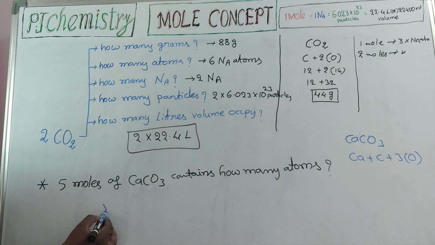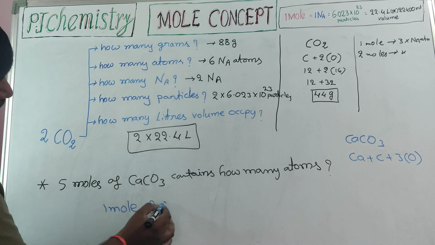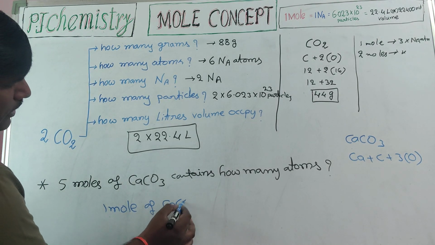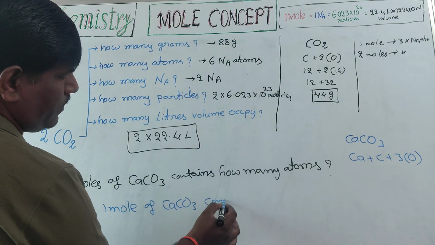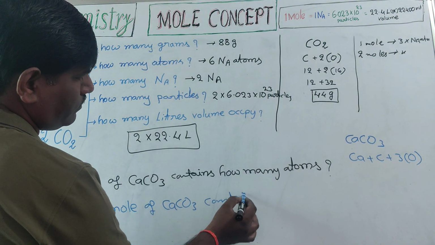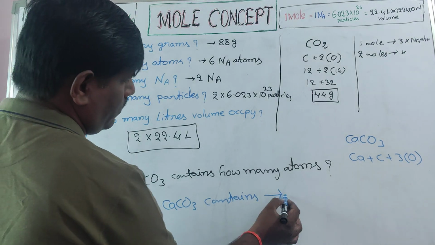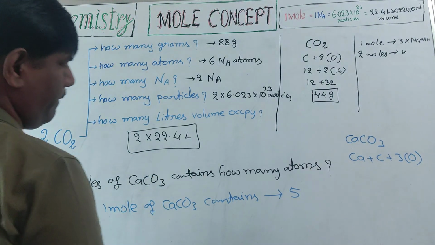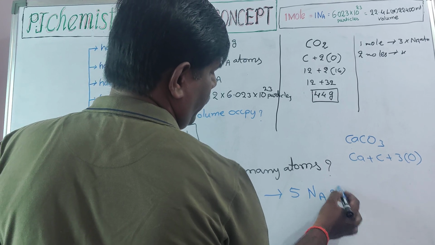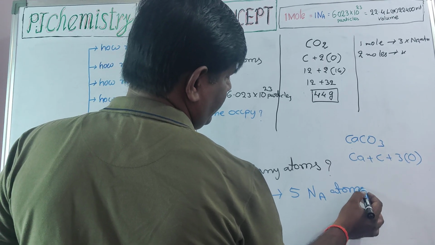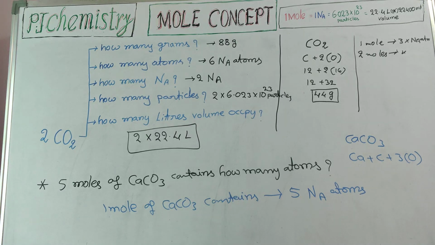So 1 mole of CaCO3 contains 5 Avogadro number of atoms.